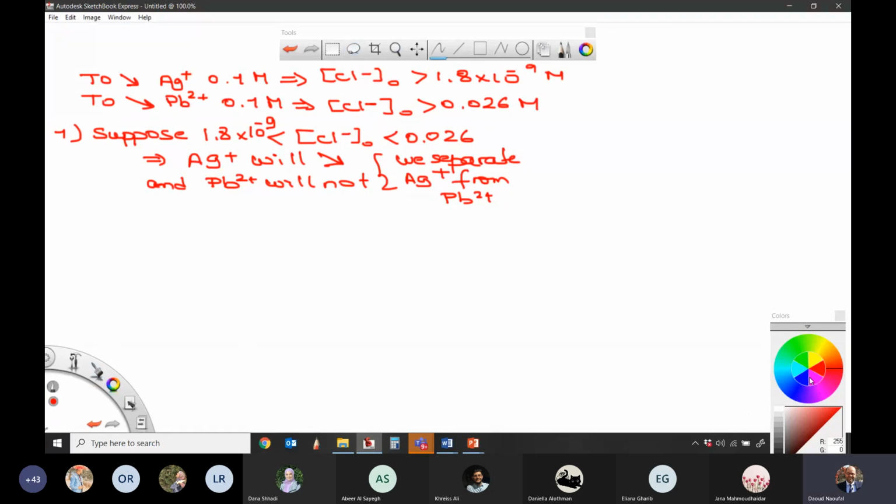Case 2, suppose Cl- added is greater than 0.026, implies always the Cl- in the solution is greater than.